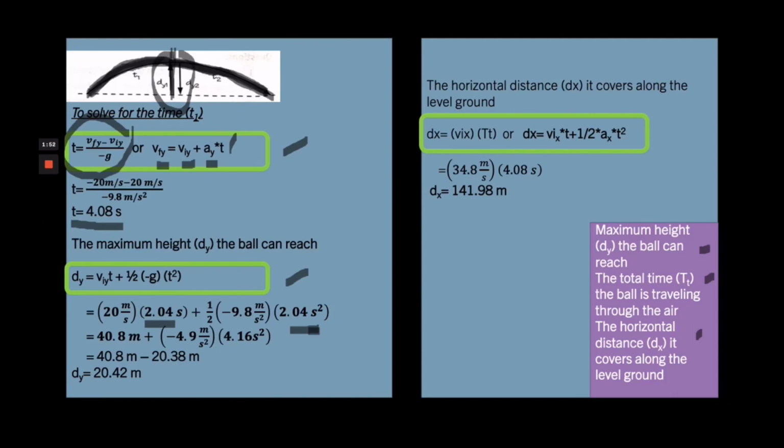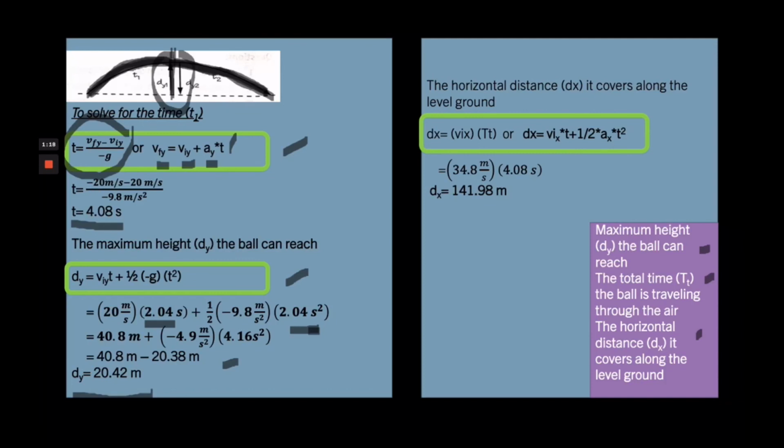So we need to multiply, so that would be 40.8 meter plus negative 4.9 meter per second squared times 4.16 seconds squared. And then to simplify, we have 40.8 meter minus 20.38 meters. So our answer would be 20.42 meter for our displacement y.